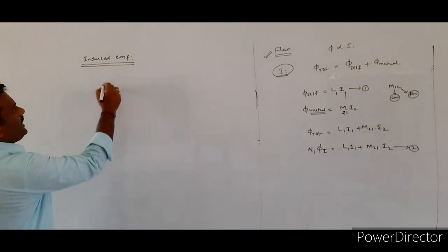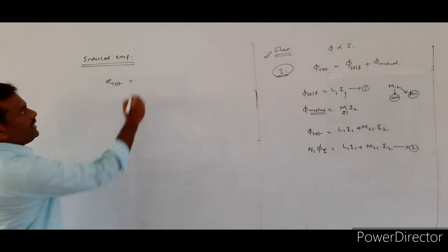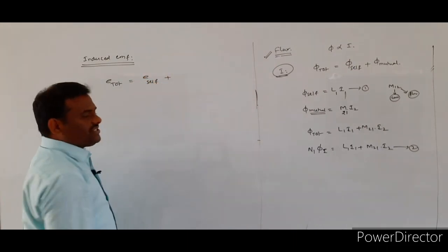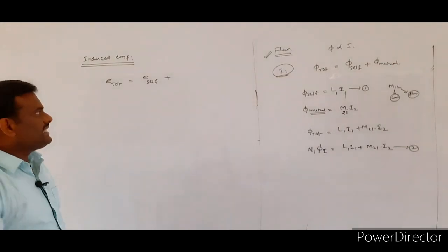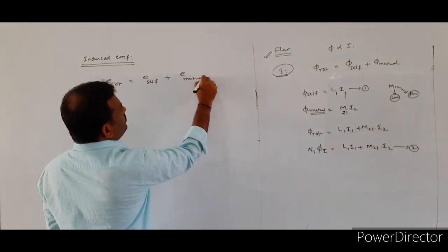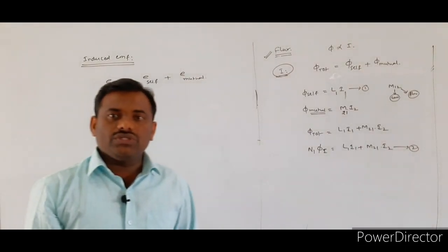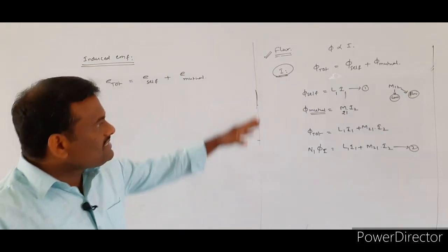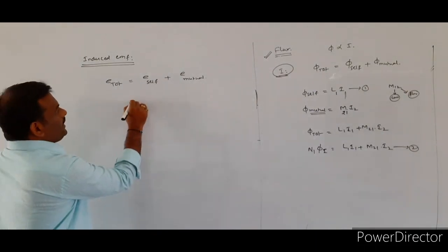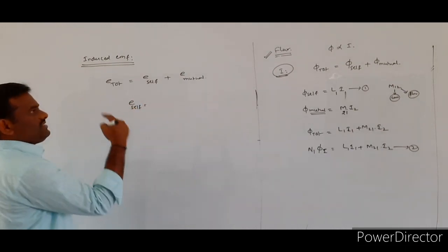Therefore, the total induced EMF is equal to the induced EMF produced due to self-induction plus the induced EMF produced due to mutual induction. Using the same analysis, we will write the induced EMF due to the self-induction of the first coil.